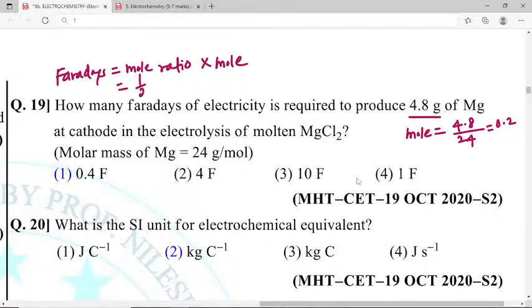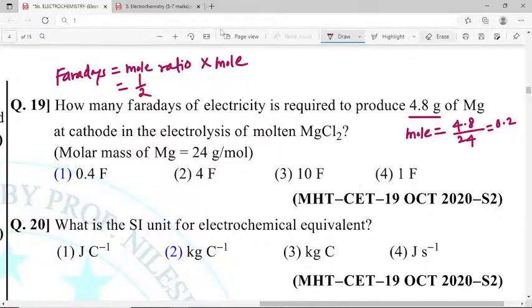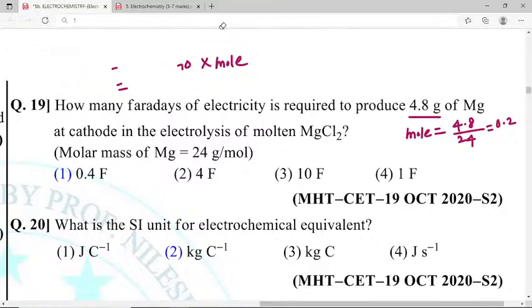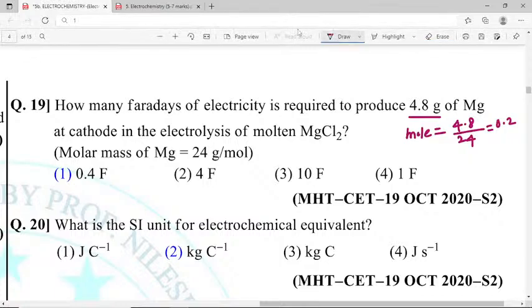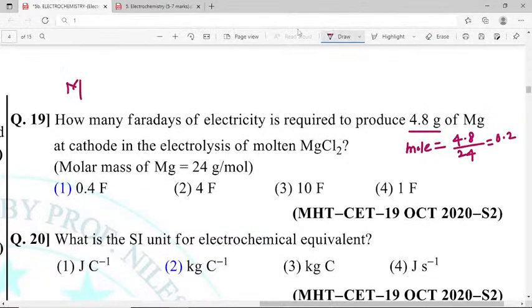So what is the mole ratio? 1/2, or you can calculate the Faraday directly according to the reaction. So Mg2+ plus 2 electrons gives Mg.